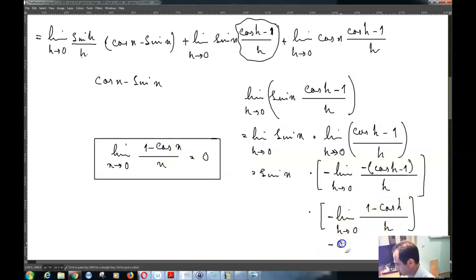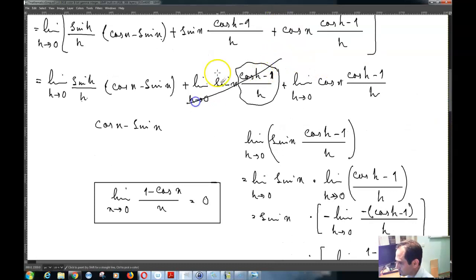So this is negative 0. Now this becomes sine x times negative 0, which is equal to 0. By the same logic, this is also equal to 0. So this whole thing goes to 0, and the derivative becomes cos x minus sine x.